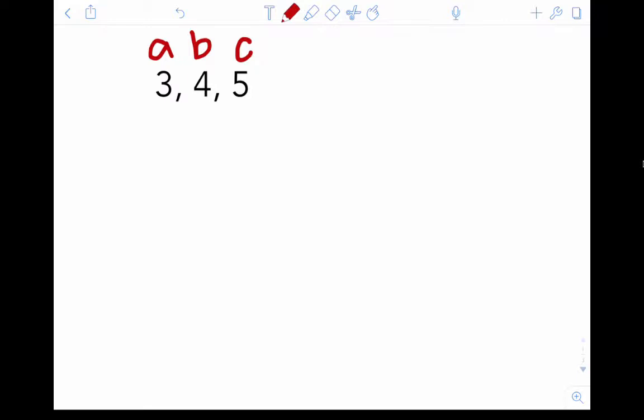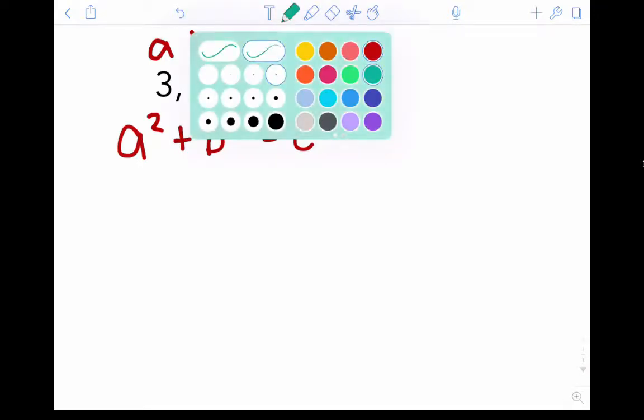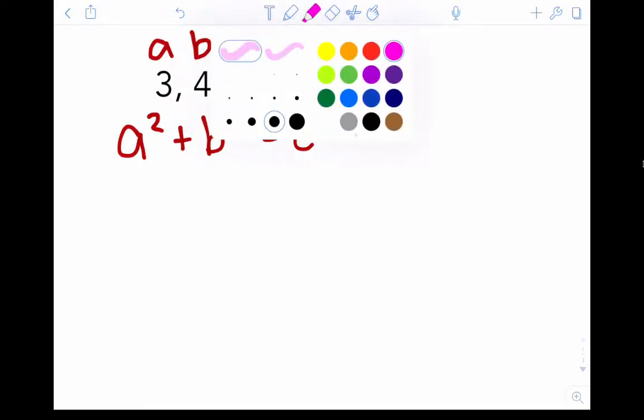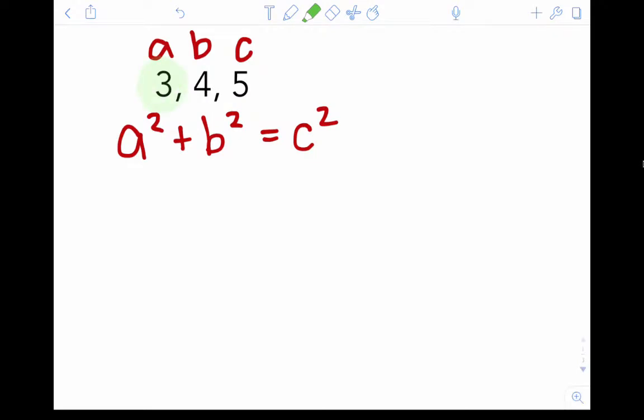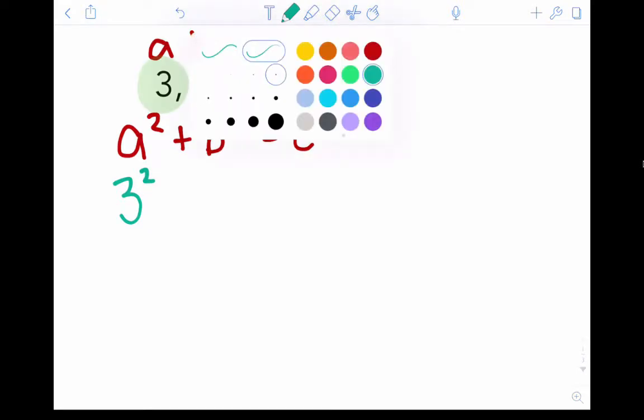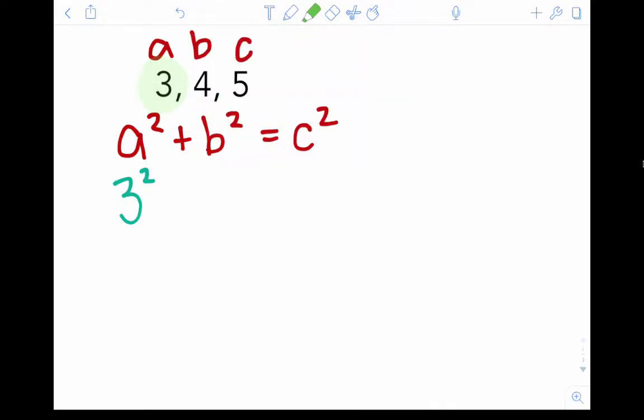So now is when we're going to use the Pythagorean theorem. I'm going to use a squared plus b squared equals c squared. I'm going to take a and plug it in for a right over here. So I now have 3 squared. Now I'm going to take b and plug it in for b.